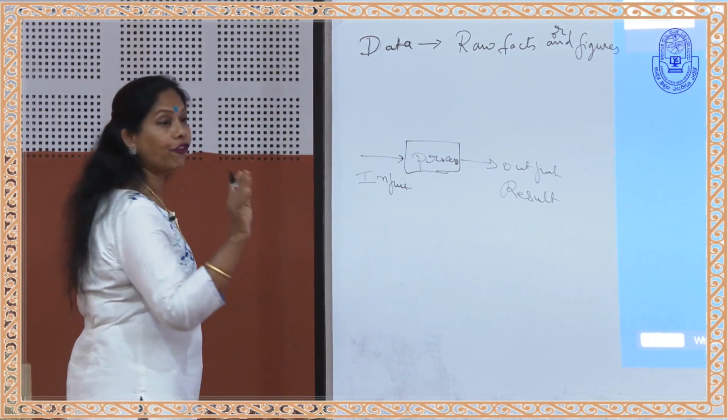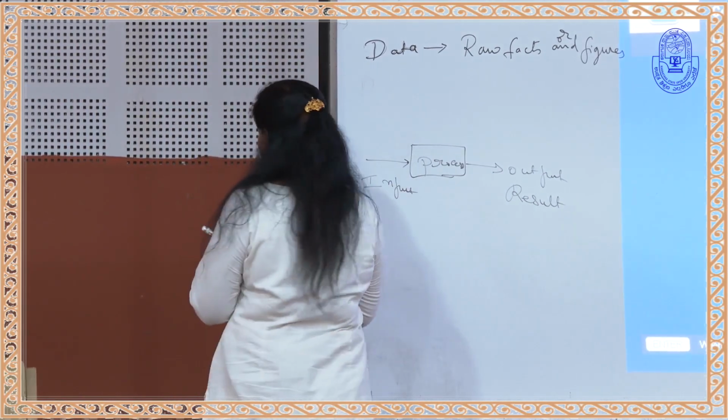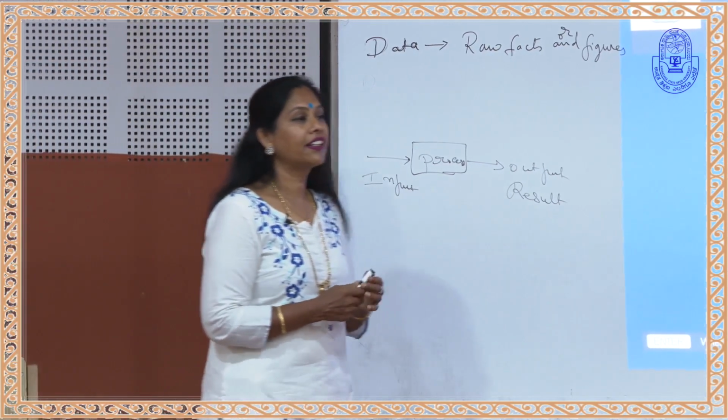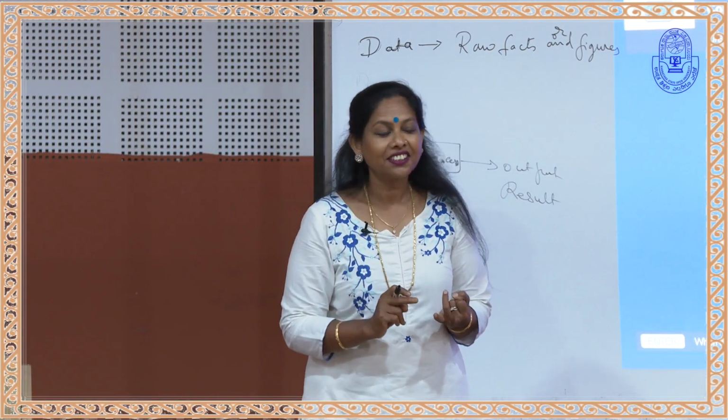So there are 4 types of data. Which are they? First one is, anybody? Okay, number is also data.